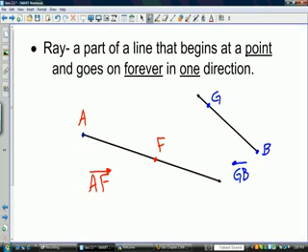Some people try to do this, and it's wrong. Or they'll try to say GB like that, and that's wrong. What you want to do is you start with the point B, and you go through G, and your arrow moves like that.